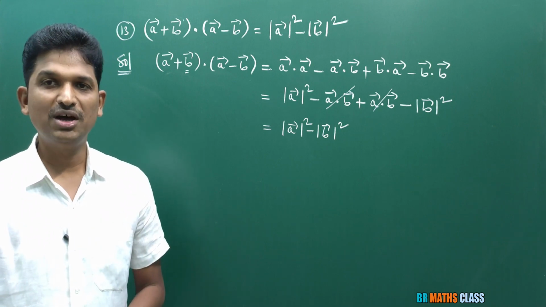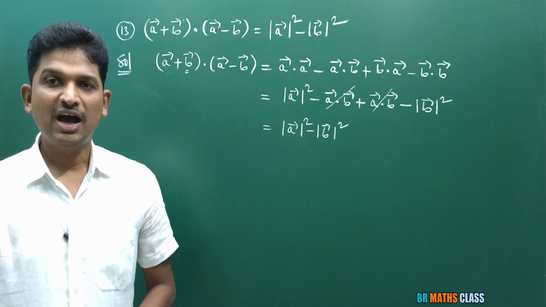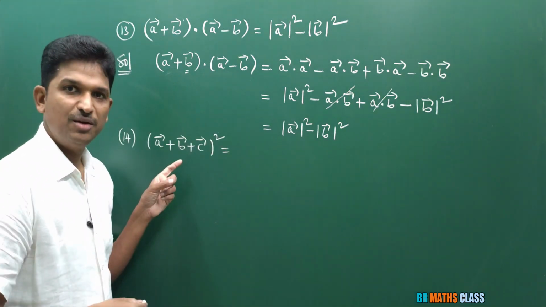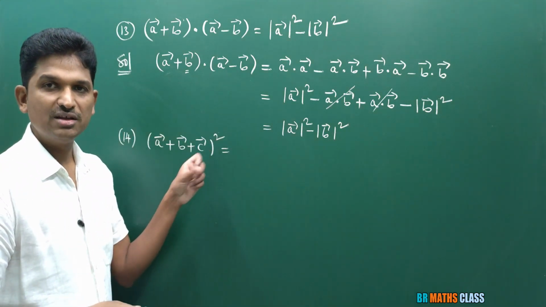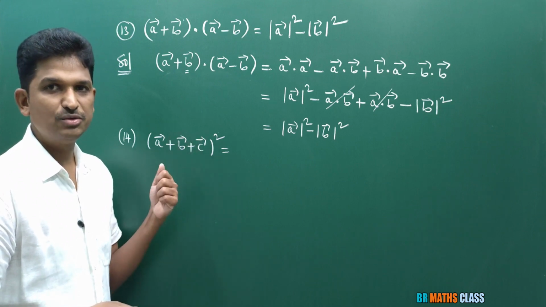Now the last formula in this dot product of vectors. I am not going to do its derivation. I want you to try that on your own. What is that 14th formula? A bar plus b bar plus c bar whole square. This can be written as magnitude of a bar plus b bar plus c bar whole square also.